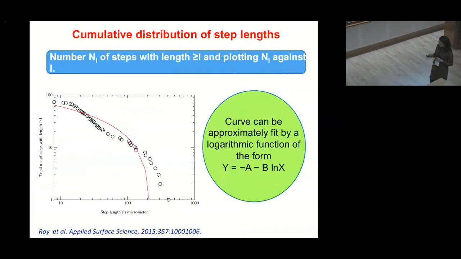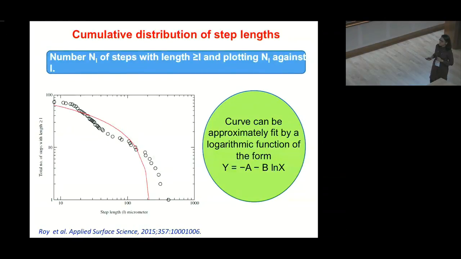We also did a cumulative distribution of the step lengths. That is, we plotted the number of steps with length greater than or equal to a size L, called N(L), and plotted N(L) against L. The first point here would be the shortest step length, and every other step is greater than that, so it is really the total number of steps.